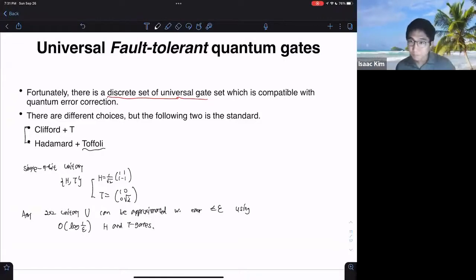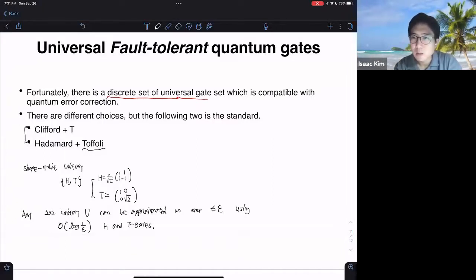I guess we can learn at least one thing from here, which is that you can actually approximate a continuous gate set arbitrarily well using a discrete gate set.